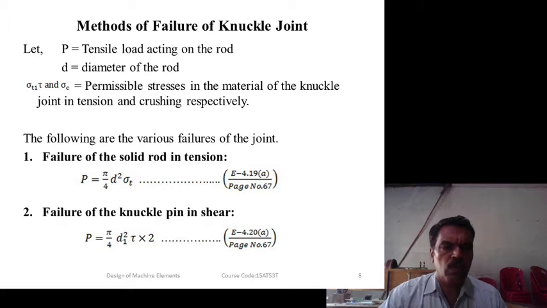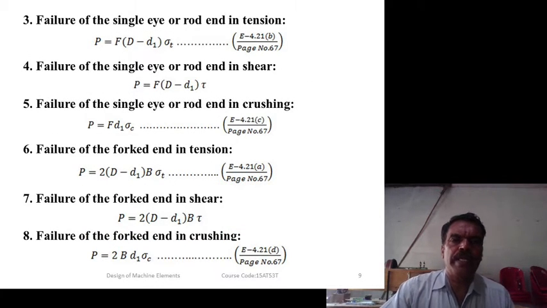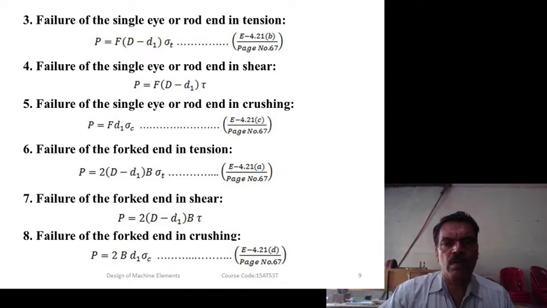Okay, now the third point is failure of the single eye or rod end in tension. We have one more equation, also printed on page number 67. That is P is equal to F into (D minus D1) into sigma T. It means load is equal to area into stress.